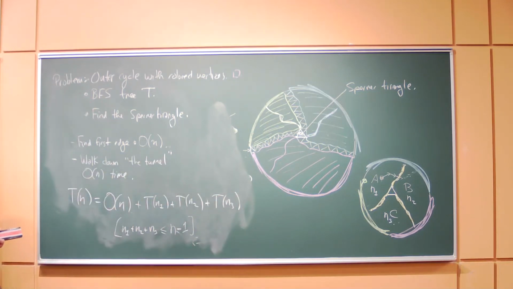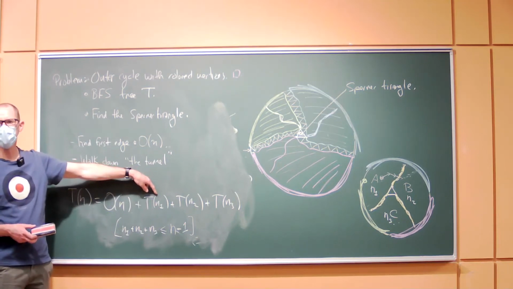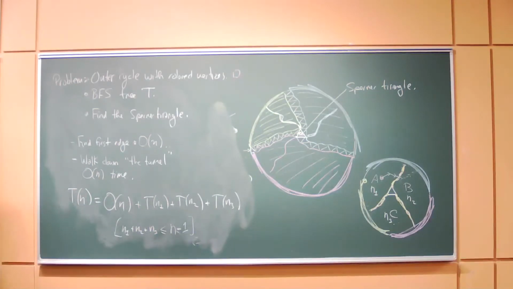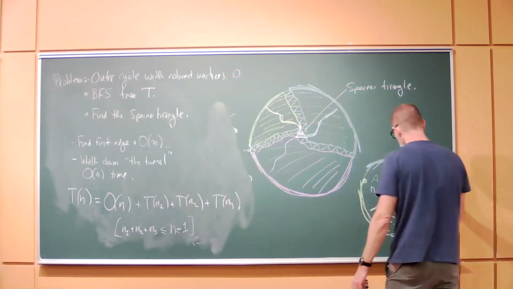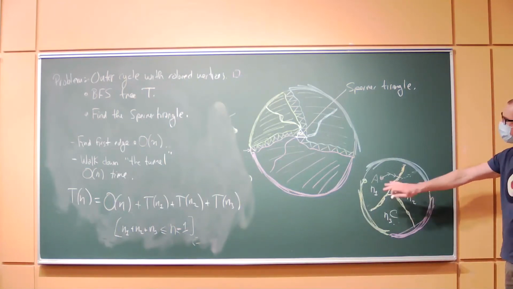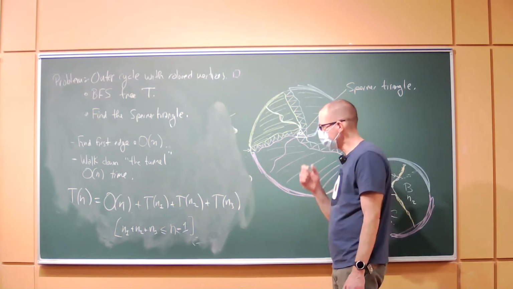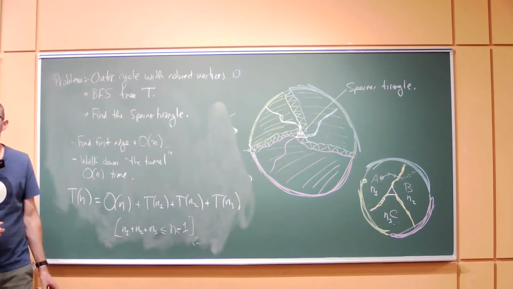In which case you spent O of n time, and you have a problem of size n minus 1. In the next step, you're going to spend O of n minus 1 time and have a problem of size n minus 2. And if you add all that up, you're going to get quadratic. You might hope that these things are roughly the same size, in which case maybe you could get something like n log n, but that's not true all the time.